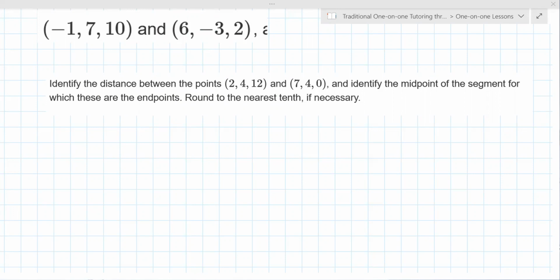Okay, I agree. And I get 13 as your distance.